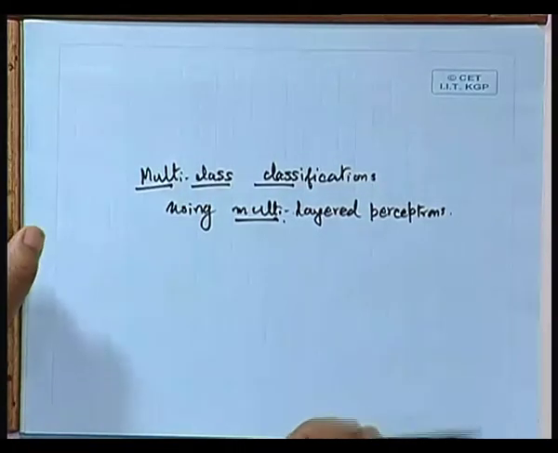Anyway, before we begin the actual topic of the day, let's go back to what we were discussing in the last class. We were basically discussing some of the heuristics that would help in making the backpropagation or multilayered perceptron networks perform better.